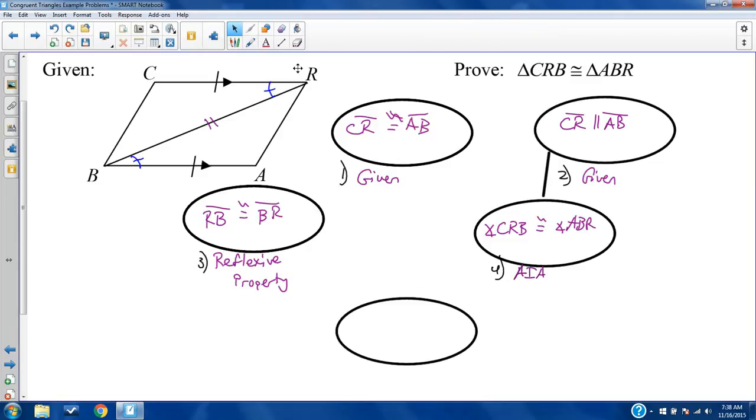Statement number 5 would say that by side, angle, side, let's see, which one did they say, CRB and ABR. Triangle CRB is congruent to triangle ABR.